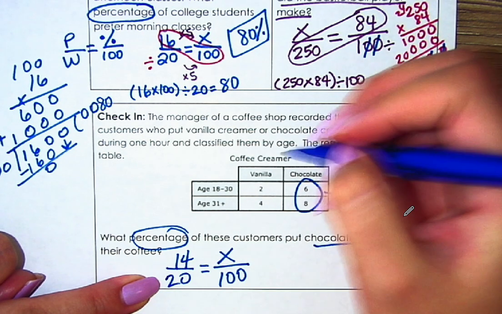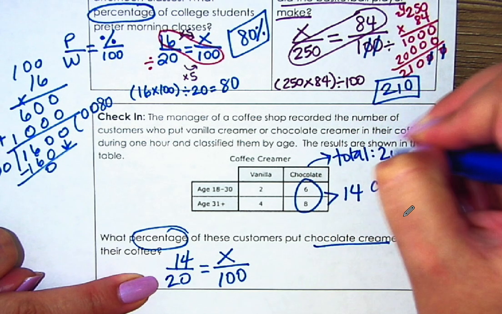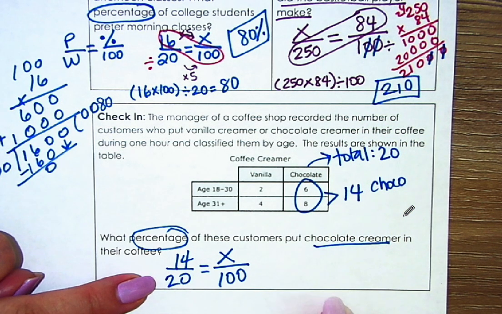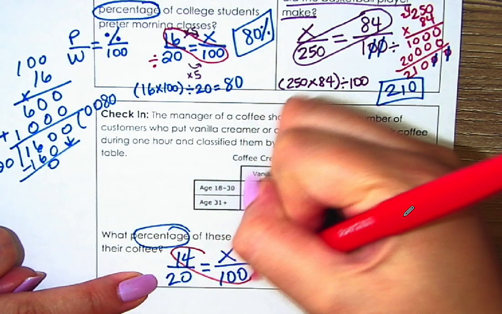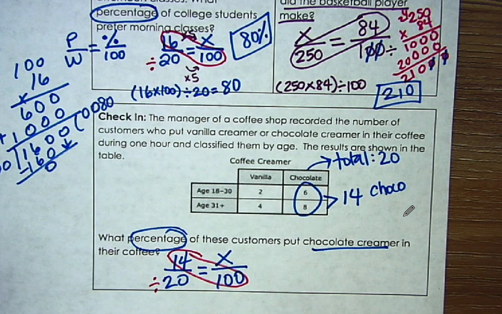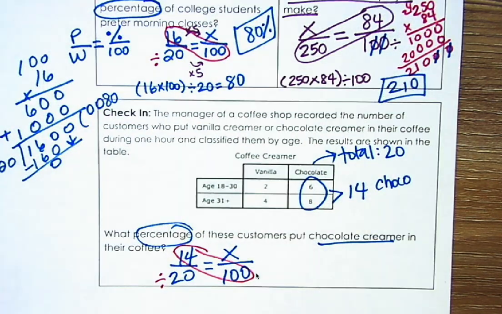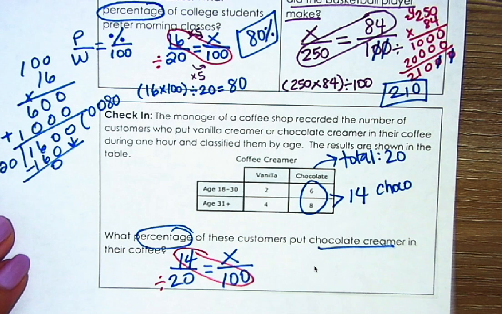So in total, in this table, there are 20 people. Okay, so right here, you're going to cross multiply and divide, and then you're going to get your answer. Okay, you're going to finish that one. This question was on the STAR test last year. When you're done with that, turn it over on the back.